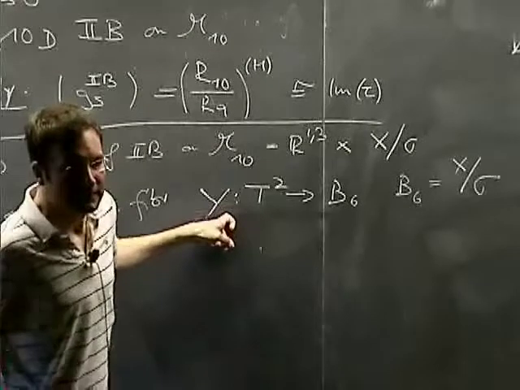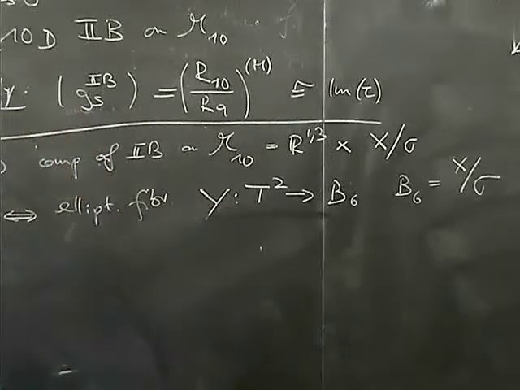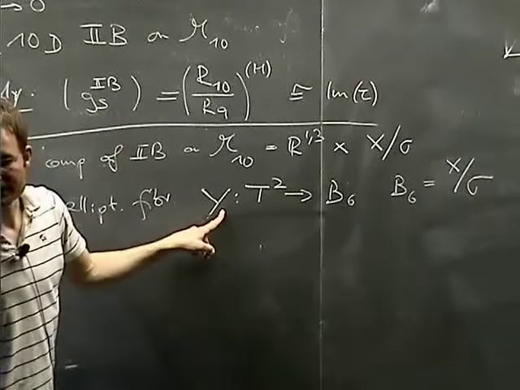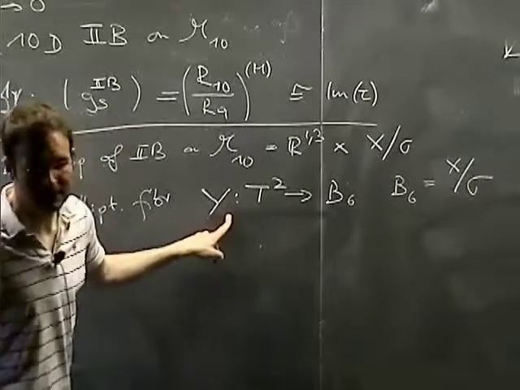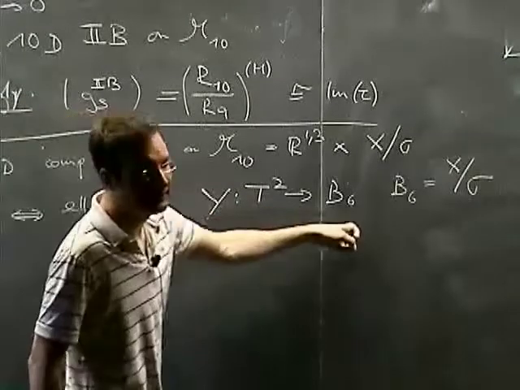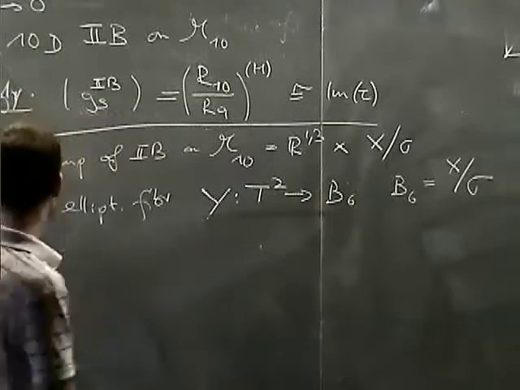For N equal 1 supersymmetry on the M-theory side, the corresponding fourfold has to be Calabi-Yau. So then one conjectures that also on the F-theory side, the fourfold has to be Calabi-Yau.